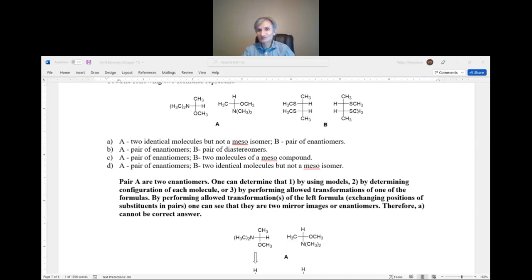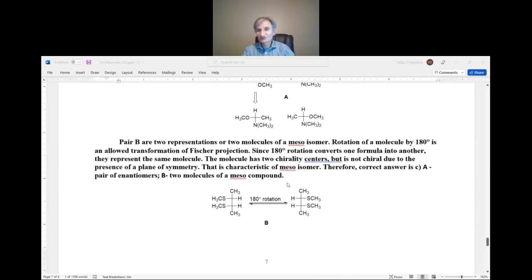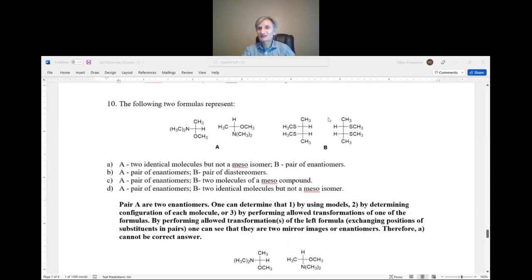That's actually exactly what it looks like, because if you do a 180 degrees rotation, you go from one to the other. And 180 degrees rotation is an allowed transformation of Fischer projection. That means when you do a 180 degrees rotation, it's the same molecule. And so if you can convert one into the other by 180 degrees rotation, that's the same molecule. So they are identical.